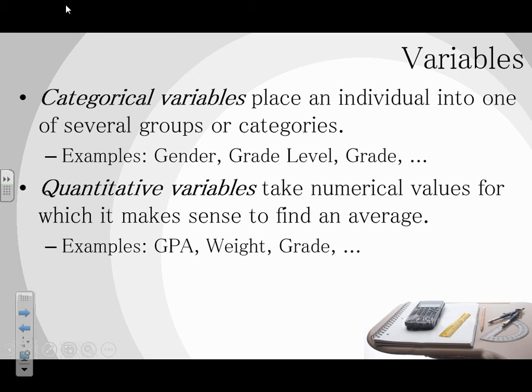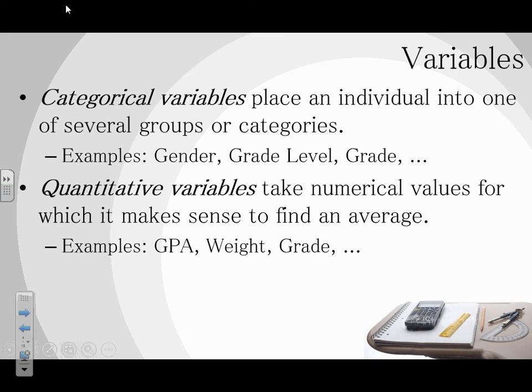Okay? The other thing to keep in mind, and this will make more sense when we get to histograms and some of the displays that we're going to talk about next week, or possibly Friday, we can take quantitative variables and we can force them into the categorical variable idea. If we look at grades, so we know categorically we can make it A's, B's, C's, and D's, and so on.